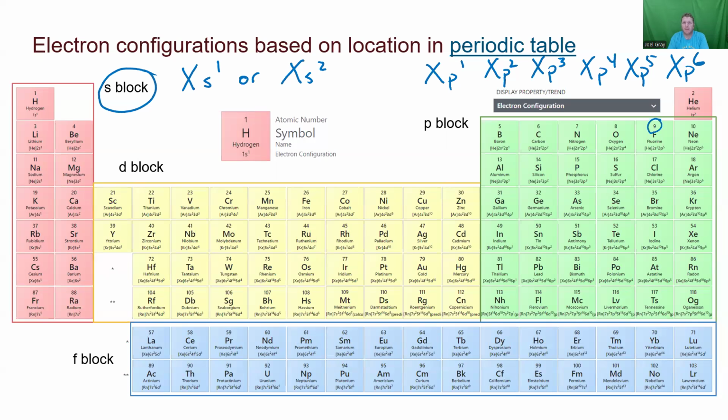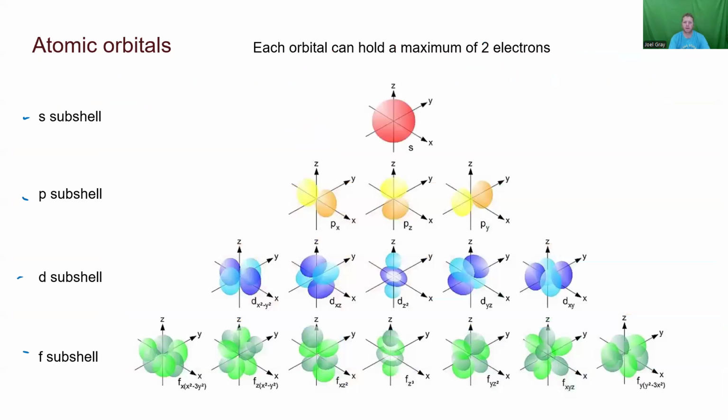That is because the P subshells can hold a maximum of 6 electrons. So think about that. The P subshell can hold a maximum of 6 electrons. Now let's jump back. The P subshell has a maximum of 6 electrons. 2 can go in here, 2 can go in here, 2 can go in here.